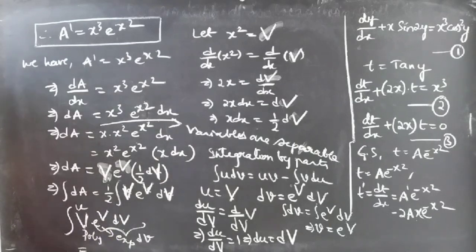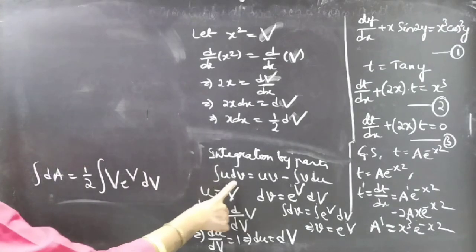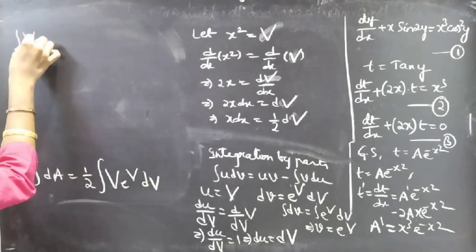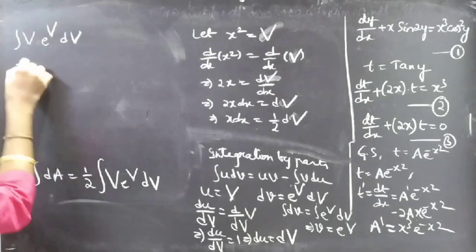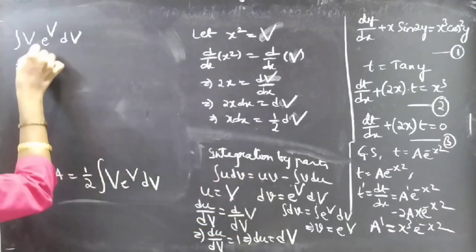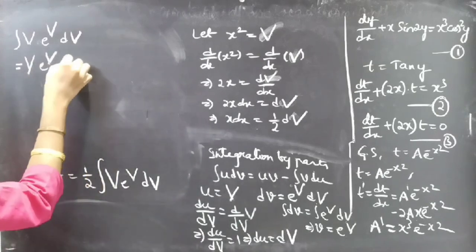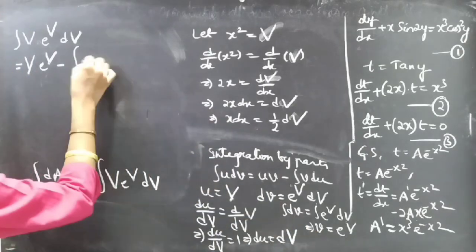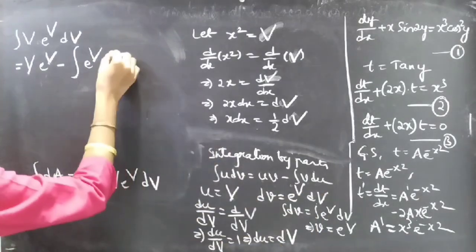Utilizing this formula, we get integral u, which is capital V, into dv, e power v dv, equal to u into v, u is capital V, into small v equal to e power v, minus integral small v, which is e power v, into du, du is dv.